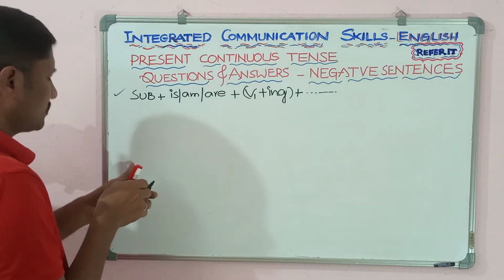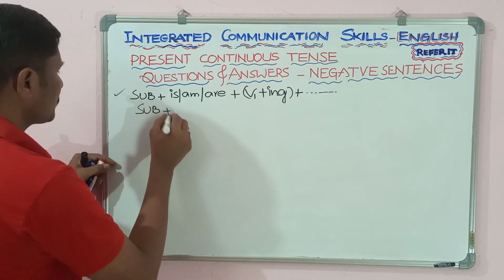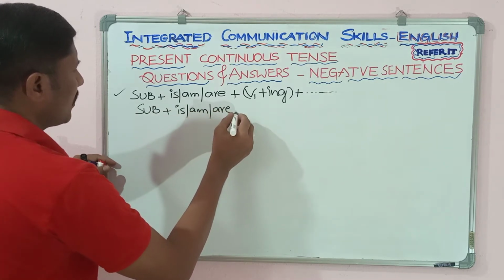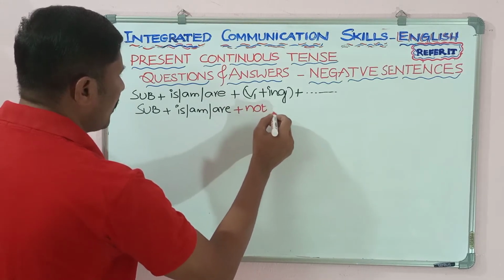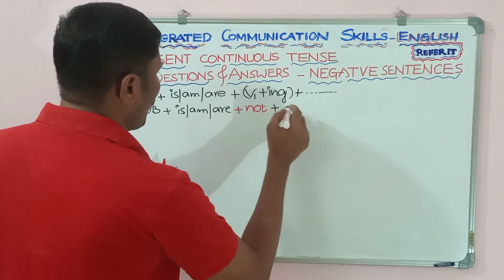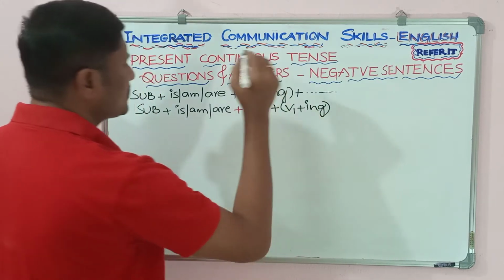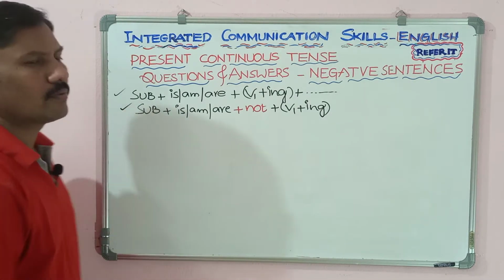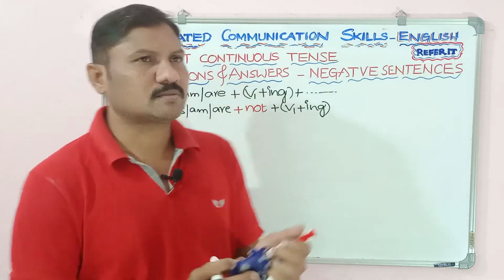Okay, now we can write subject plus is or am or are plus not plus V1 plus ing form. So this is the structure of negative sentences for present continuous tense.